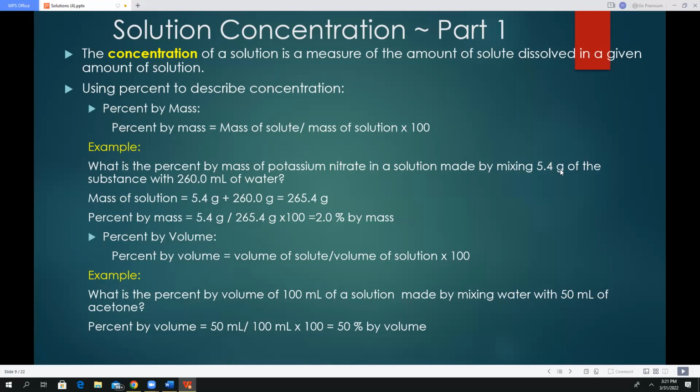And that gives you your percent, which is 2.03 in my case, but we only had two sig figs in this one, so it's 2.0 by mass.